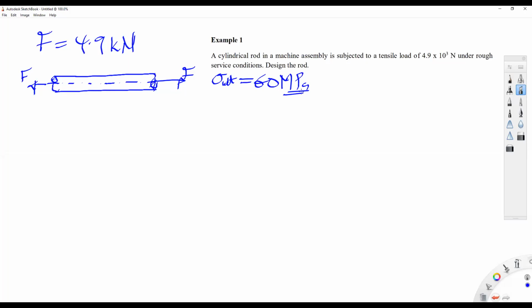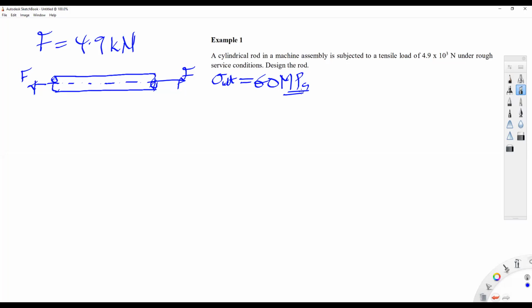We mentioned when we were defining the failure modes in materials that design is usually done to operate lower than the ultimate stress or the failure stress in the material, okay?